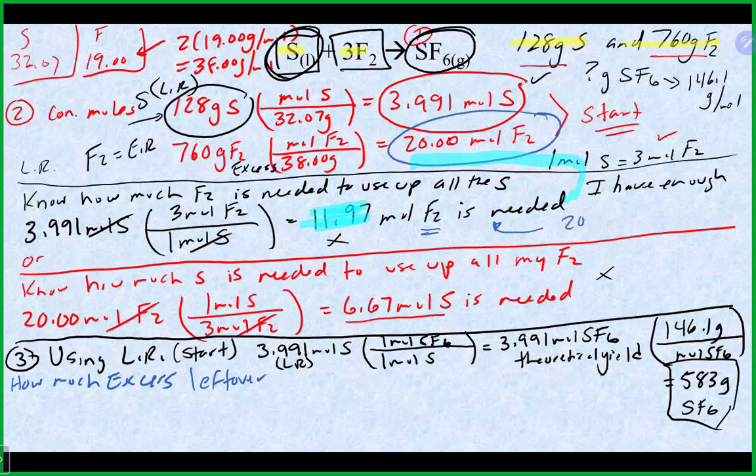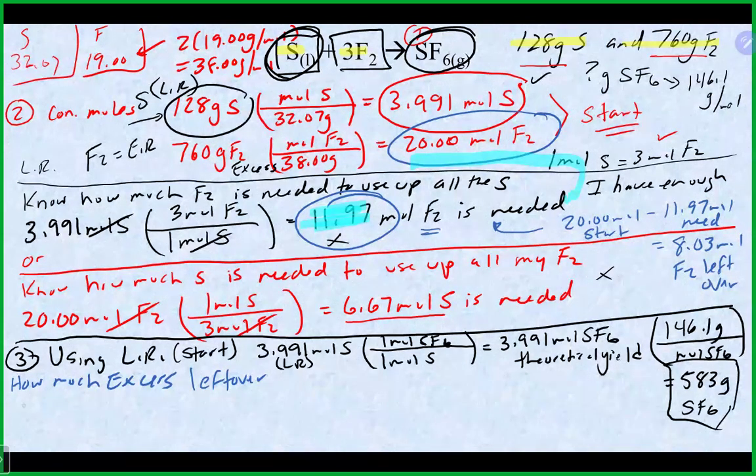So if I take 20 moles, which is what I started with, and use the calculation I did earlier, which told me I need about 11.97 moles of it to use up my limiting reagent, that will tell me that at the end of this reaction, I will have approximately 8.03 moles of F2 left over, which if I wanted to know how many grams that is, I can multiply that by the molar mass of F2, which would give me 8.03 moles times my molar mass of 38 grams per mole.